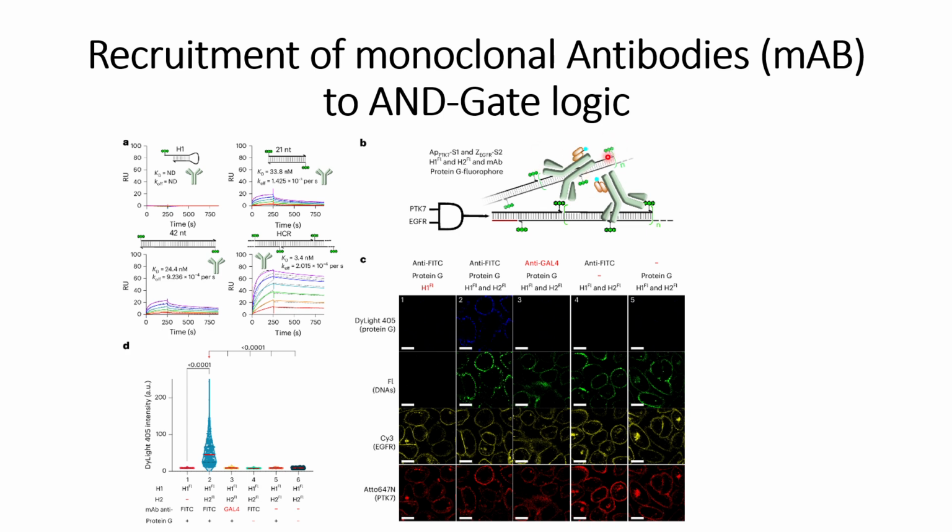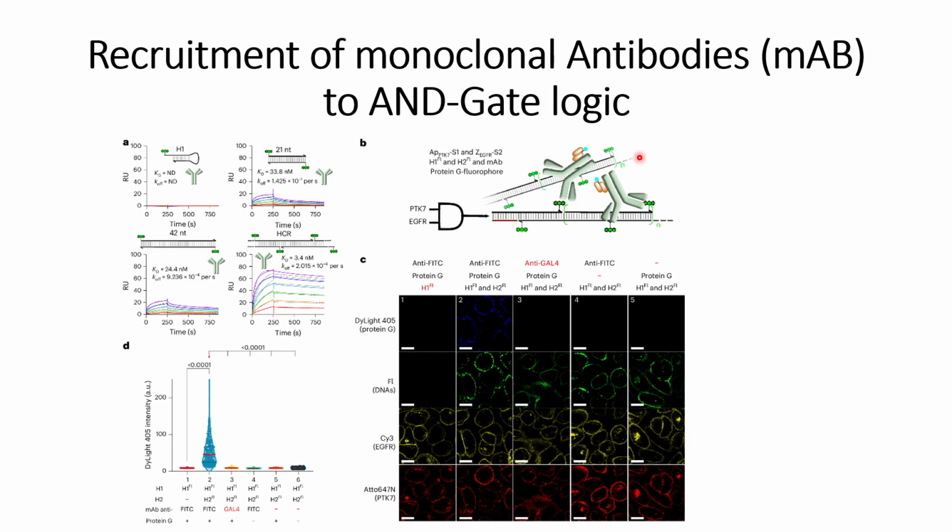So this is how they validate that their AND gate logic based system can also recruit monoclonal antibodies. Thereby, there is also another dimension to further increase the efficacy of their drug delivery system to kill or suppress the tumors.